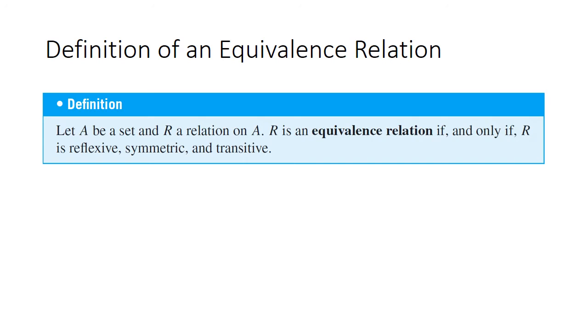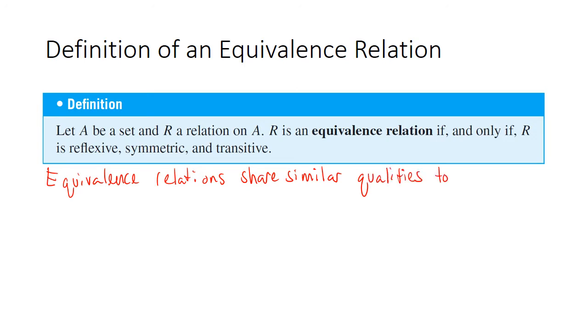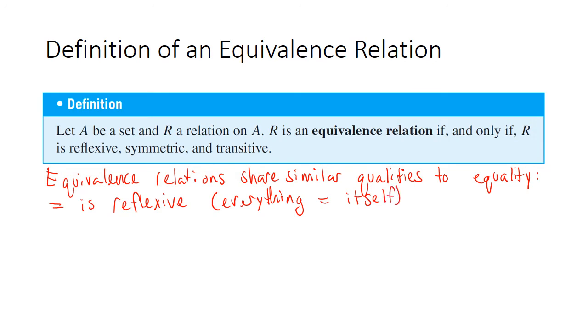So the idea behind this is that equivalence relations share similar qualities with the equals relation, so to equality. If you think about equality and the properties that equality has, equality is reflexive, so everything equals itself. Equality is symmetric.